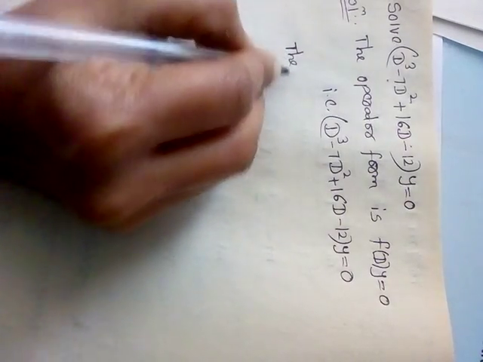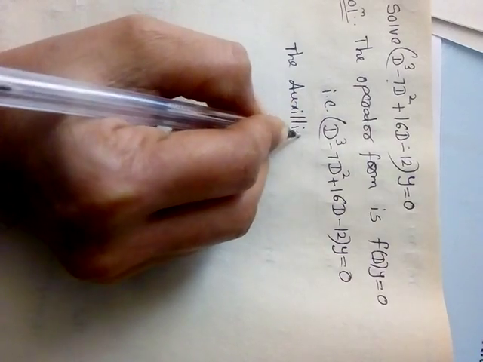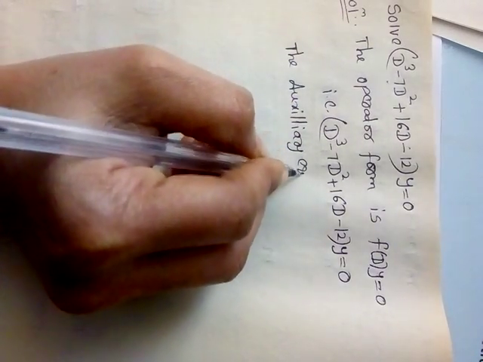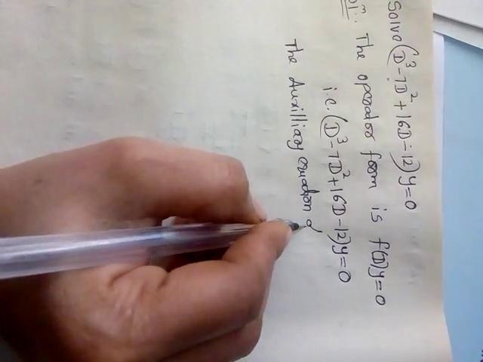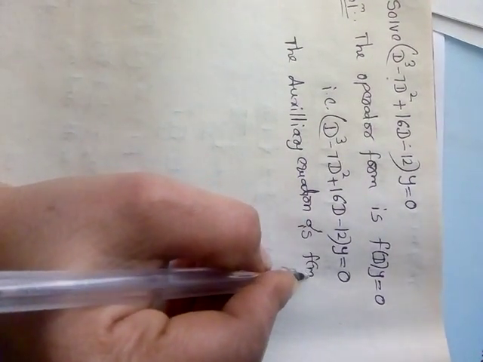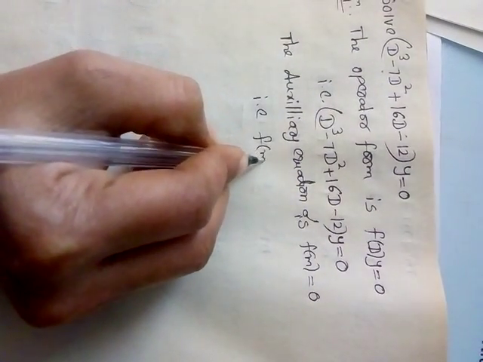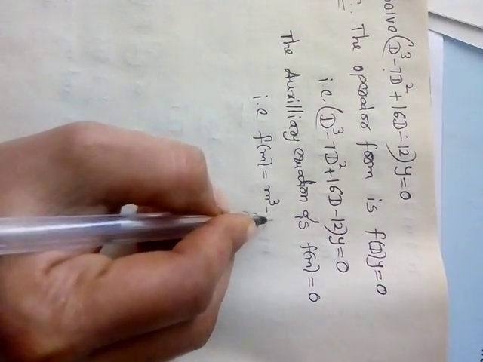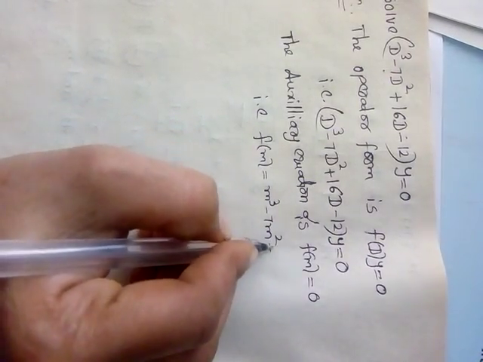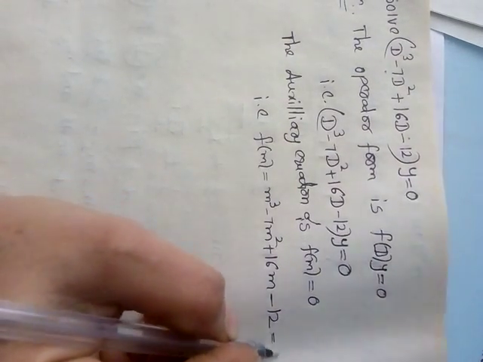Auxiliary equation. The auxiliary equation of the given operator form is f of m equal 0. That is f of m equal m cube minus 7m square plus 16m minus 12 equal 0.